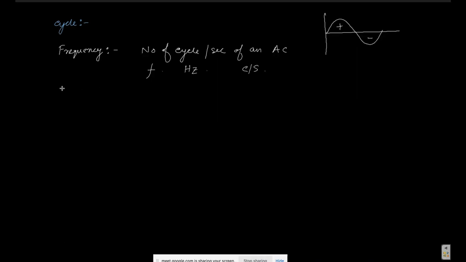Now, what is time period? Time period is nothing but the time taken by an alternating quantity to complete one cycle, that is one set of positive and negative half. So one set of positive and negative half together is called the cycle, and the time taken to complete one cycle is called the time period.